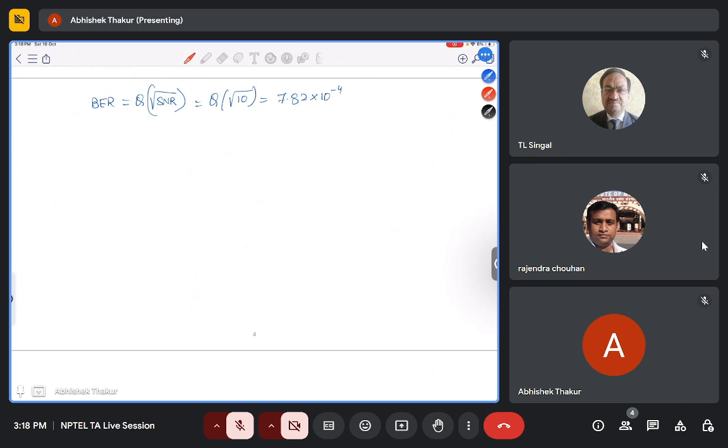Now also the bit error rate of BPSK in Rayleigh channel.